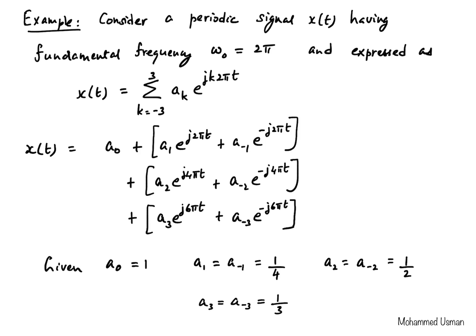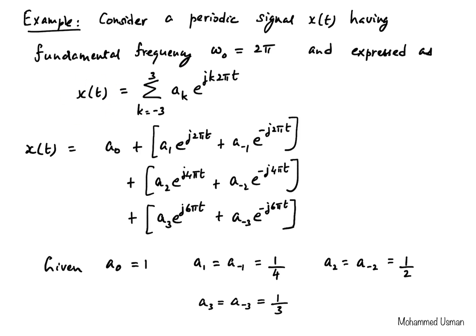We've taken this example here where the fundamental frequency omega naught is fixed as 2 pi, and the signal has 7 components, going from k equal to -3 to +3. So we want to look at each of these components and see that when we add up all those components, we get the signal x of t.